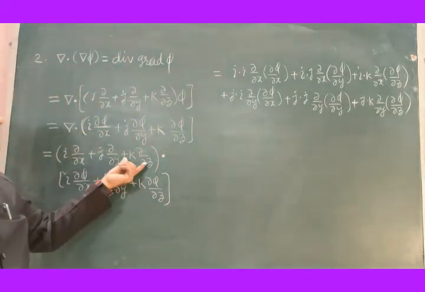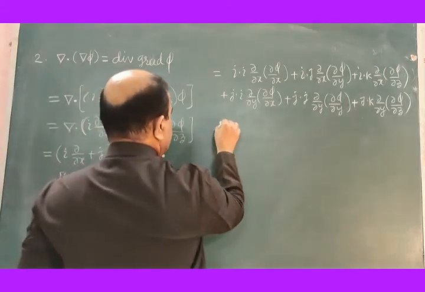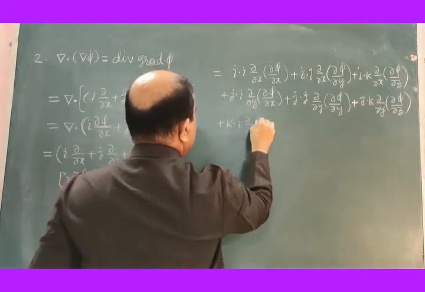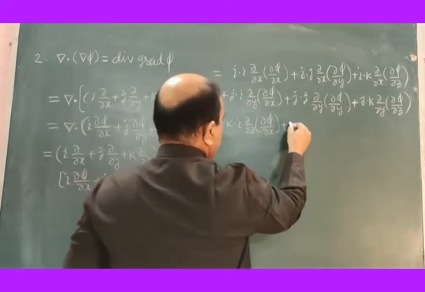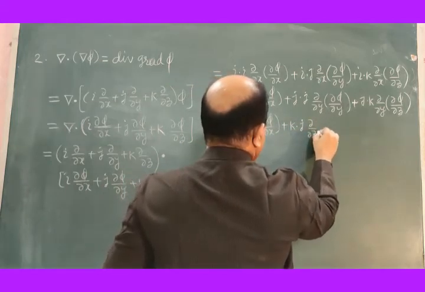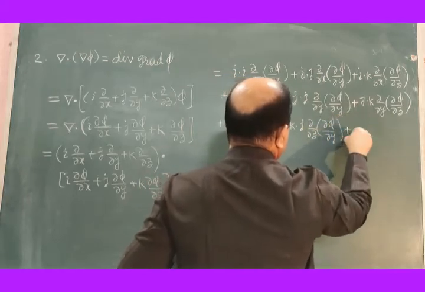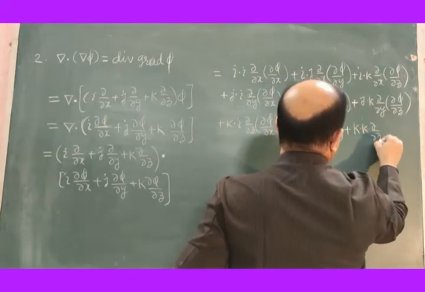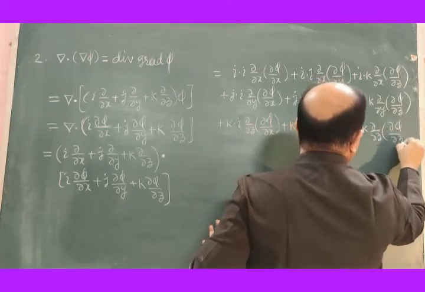And now what is left? The dot product of this last term with these three, and that is plus k dot i ∂/∂z of ∂φ/∂x plus k dot j ∂/∂z of ∂φ/∂y plus k dot k ∂/∂z of ∂φ/∂z.